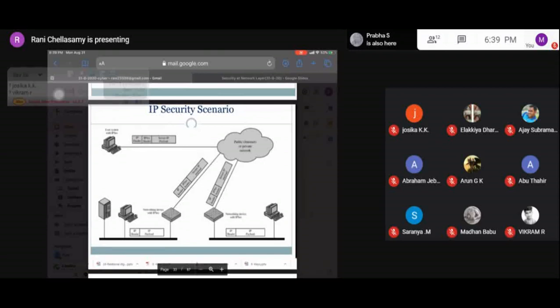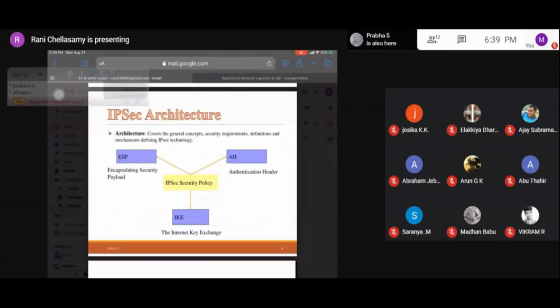Coming to the architecture, the Internet Protocol Security architecture covers the security requirements, general concepts, definitions and mechanisms defining the IP security technology. In this architecture, we are going to see three main components. The first is the authentication header, represented by AH.